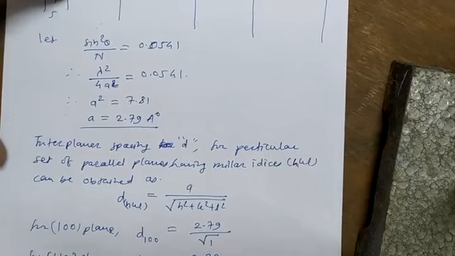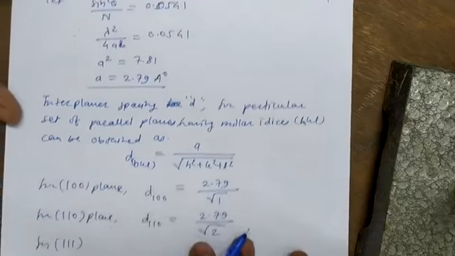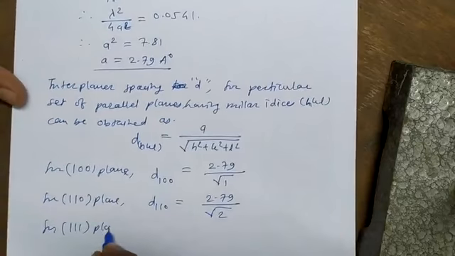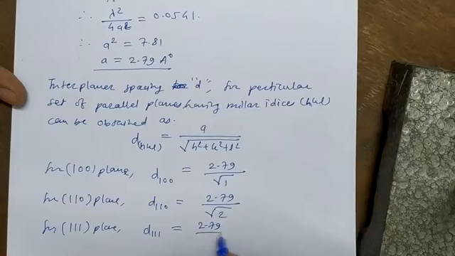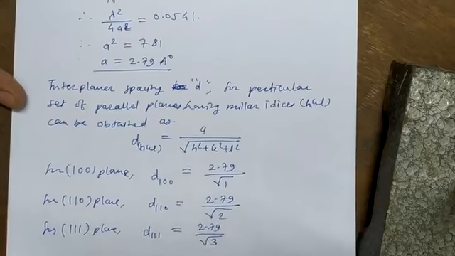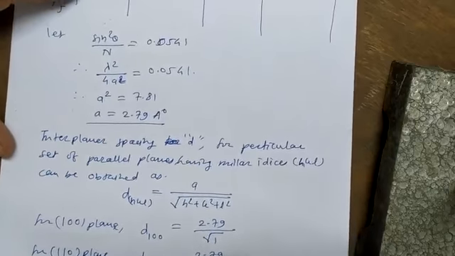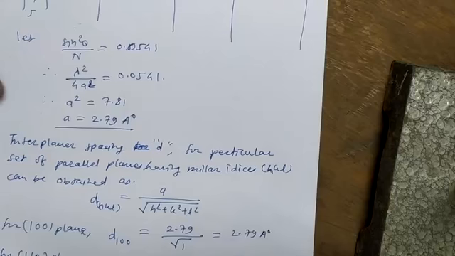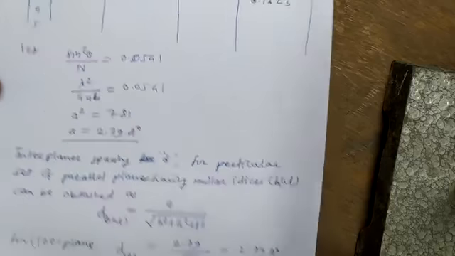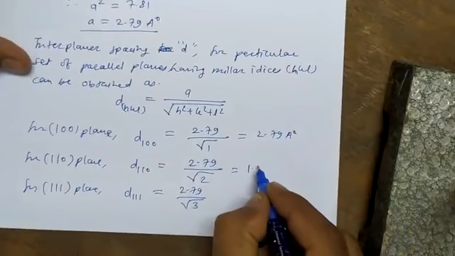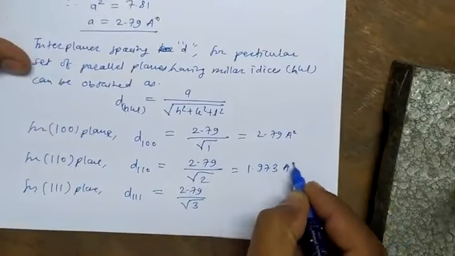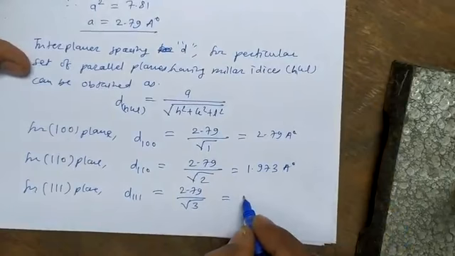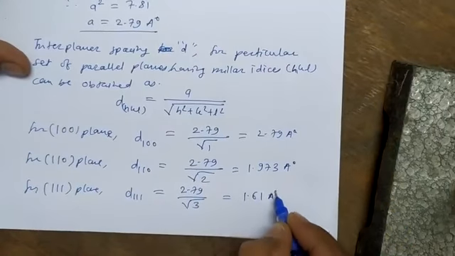And for the 111 plane, d111 can be expressed as 2.79 upon root 3. If you calculate this, we get 2.79 Angstrom unit, 1.973 Angstrom unit, and similarly 1.61 Angstrom unit.